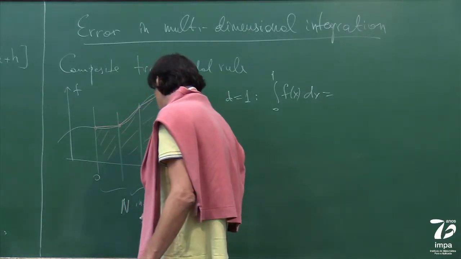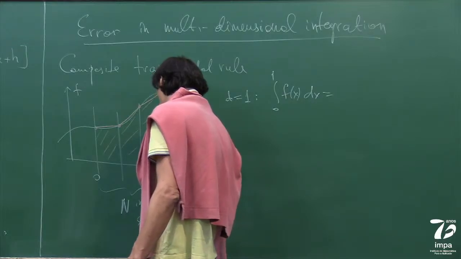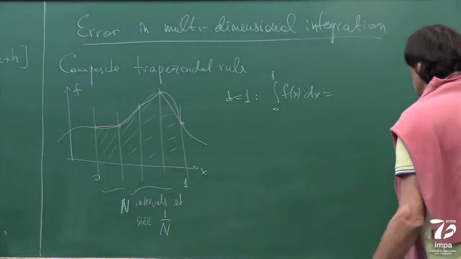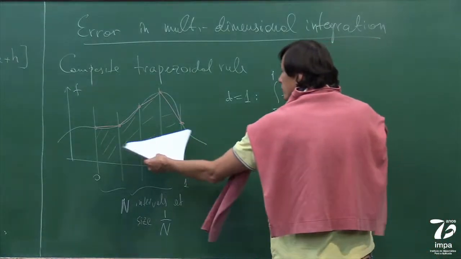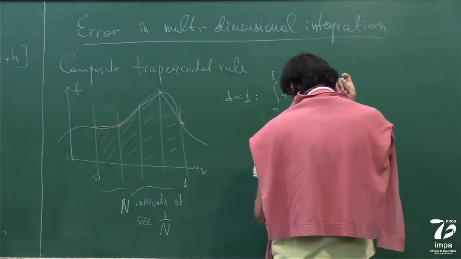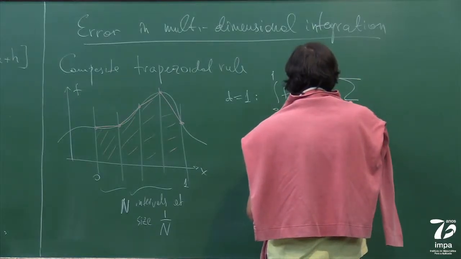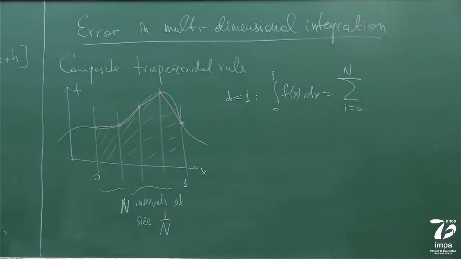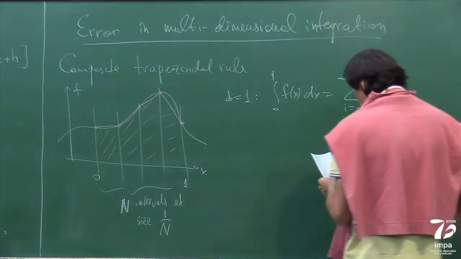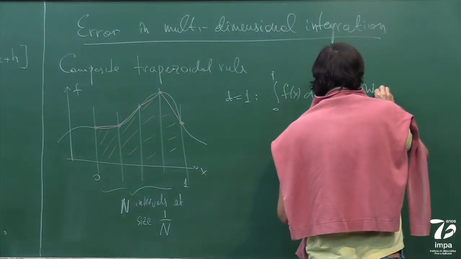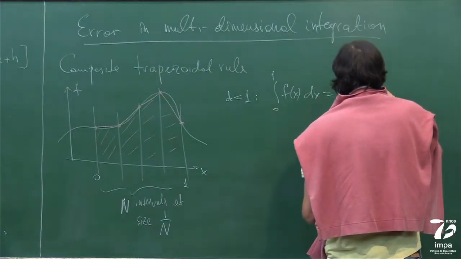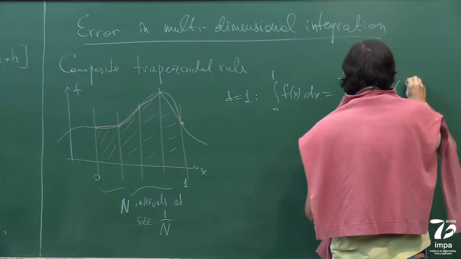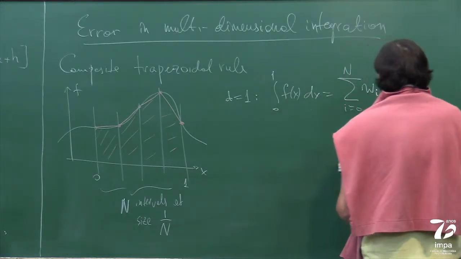N intervals of size 1 over n each, right? In that case, the integral, so this area, is exactly the sum over all endpoints of the interval with some weights wi by the value of the function at this point i over n, right?